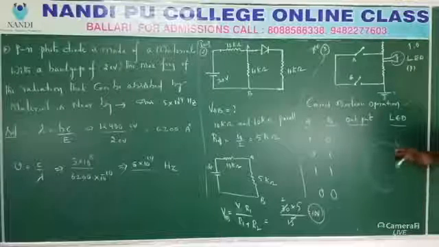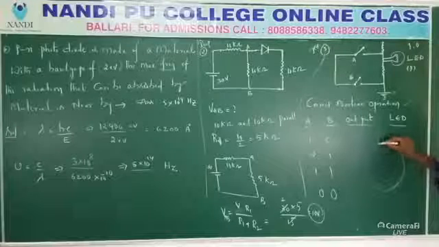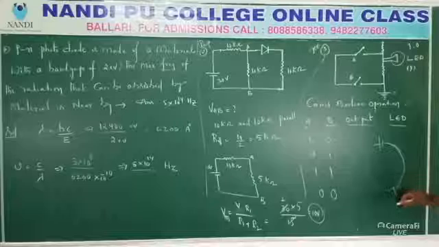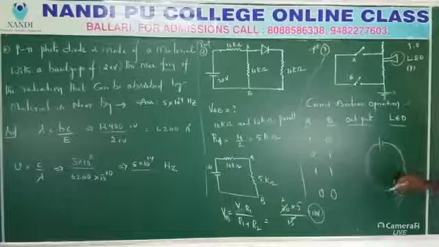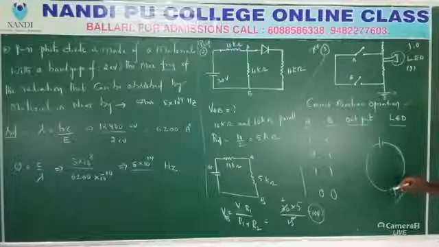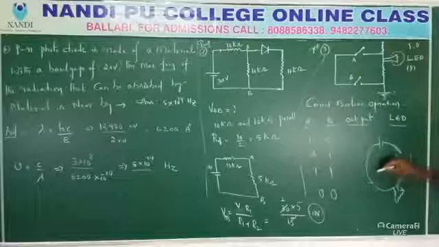In this complete circuit, this is the cell. Here there will be a bulb. To glow this bulb, the electrons should carry like this, again like this, like this. It is a complete circuit in this way.